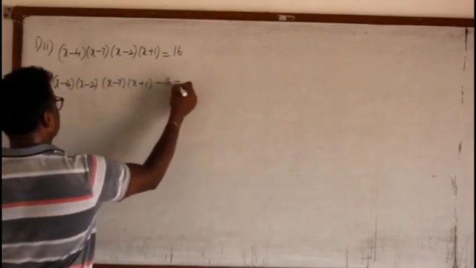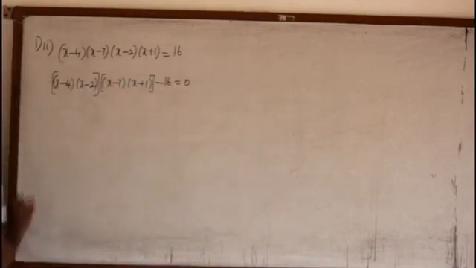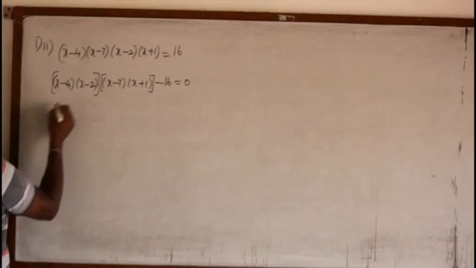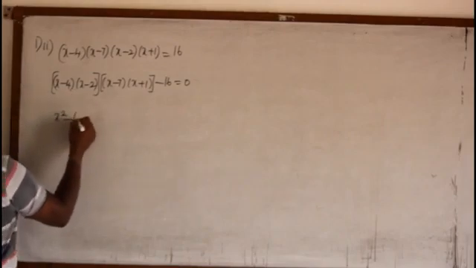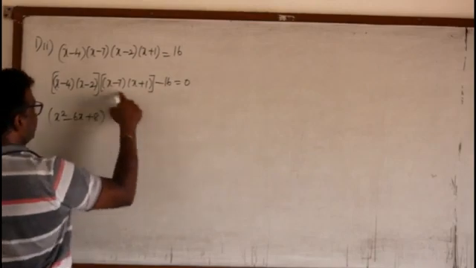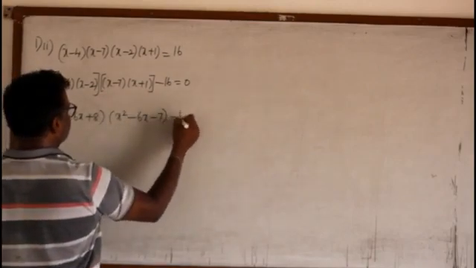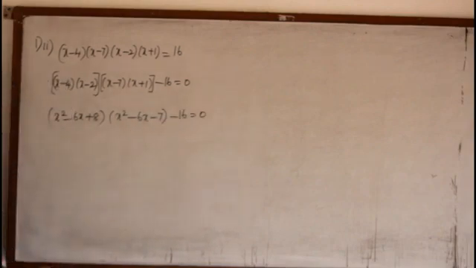16 if it is taken to this side, minus 16. Now let me find the product between these two and that two. This is x square minus 6x plus 8, and this is x square minus 6x minus 7, minus 16 equal to 0.